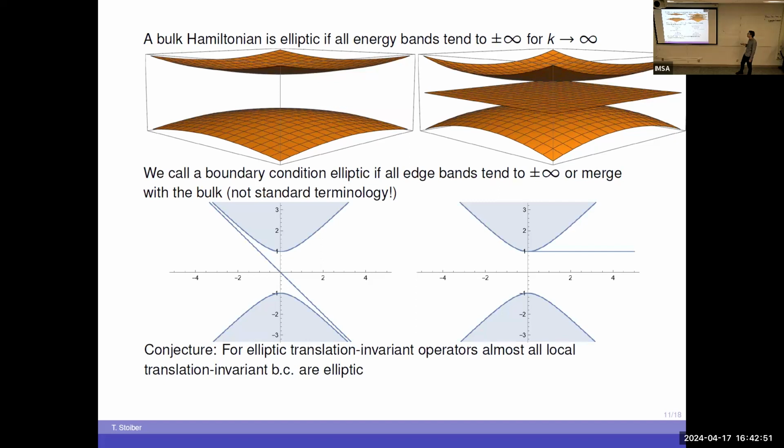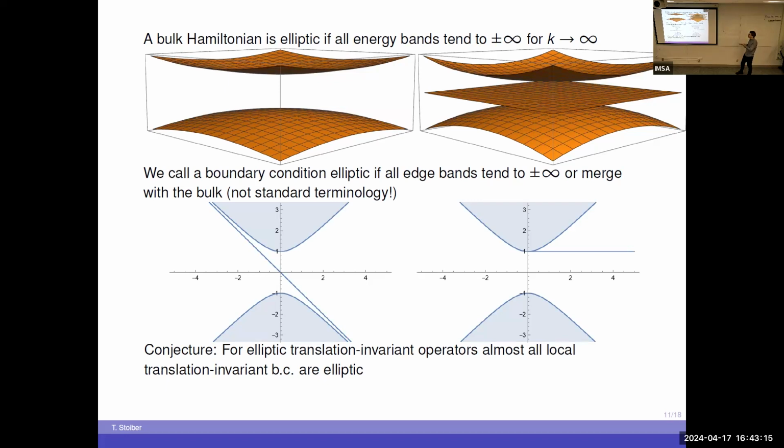And similarly, we want to talk about elliptic boundary conditions. For differential equations, elliptic is a very loaded term, which can mean many different things. But for me, I would just say boundary conditions are elliptic if the edge bands also go to plus or minus infinity in energy, or eventually merge with the bulk band.